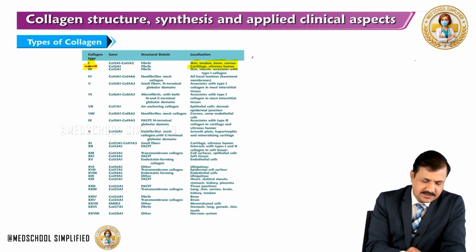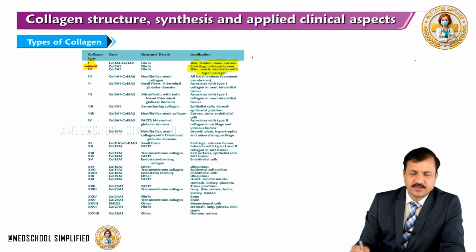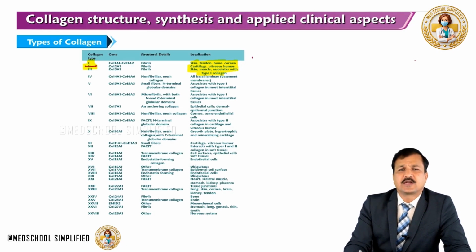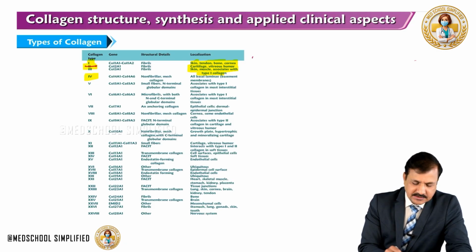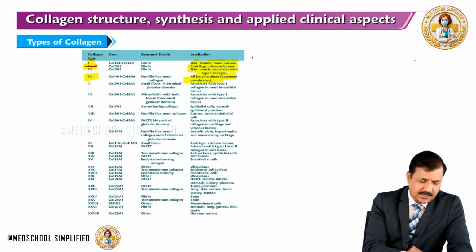Type 3 collagen is found in skin and muscle, associated with type 1 collagen, and usually it is found in reticular fibers. You can remember reticular fibers, there is a 3 there. Type 4 collagen is generally found in the basal lamina and the basement membrane of the kidney glomerulus, and also the basement of stratified squamous epithelium.